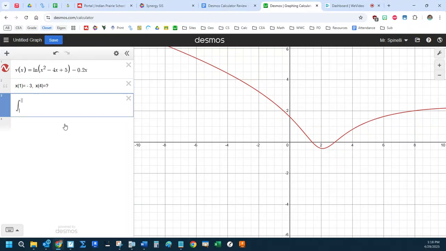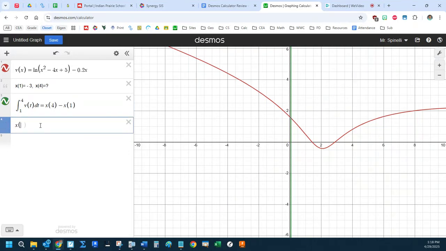So recall, integral of velocity is equal to position. So the integral from 1 to 4 would be equal to x of 4 minus x of 1. So rearranging to solve for x of 4 means that x of 4 is equal to x of 1, I'm going to add the x of 1 over, plus the integral from 1 to 4 of v of t dt. Okay, so that's what I'm after.